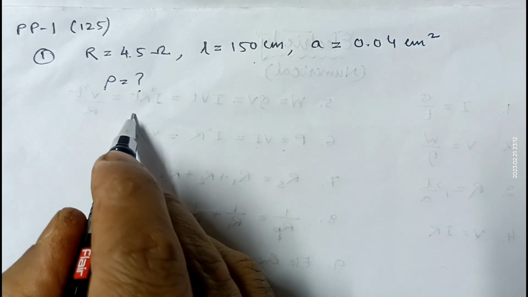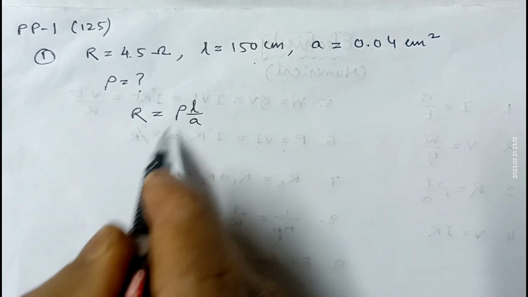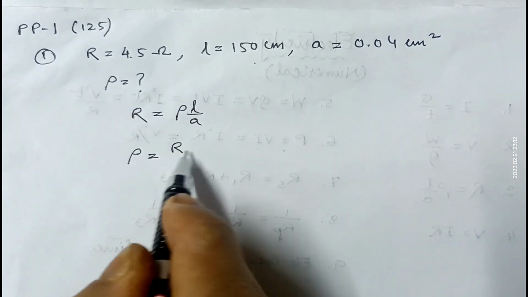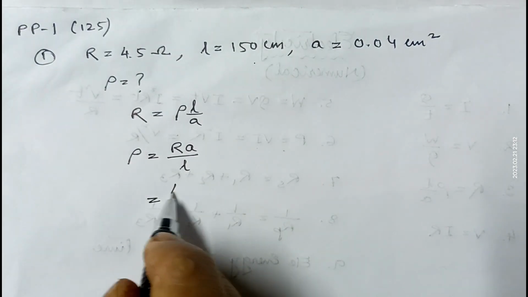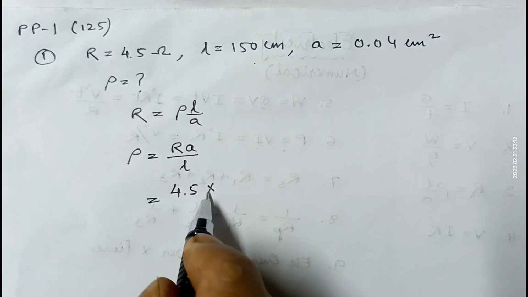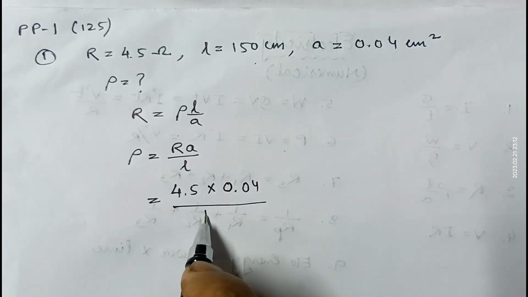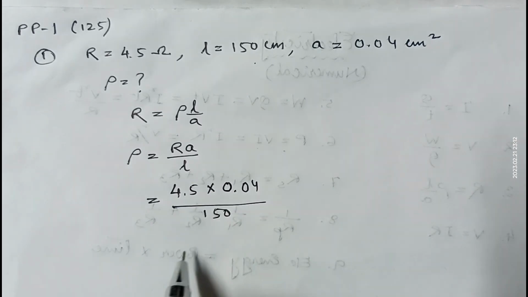Now we know R equals rho L by A. So rho will be RA divided by L. Now resistance here is 4.5 ohm, area of cross section is 0.04, divided by length, which is 150 centimeter. These two are in centimeter, this is in ohm.